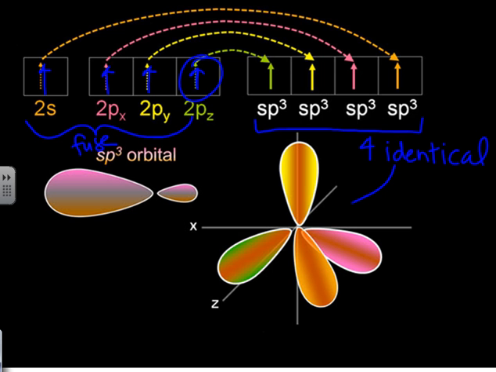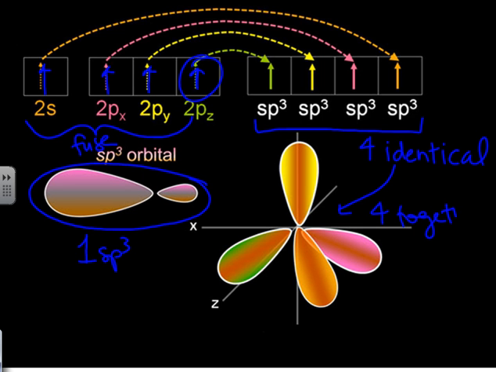And here's what they look like. Okay, this is a picture of one sp3 hybridized orbital. And this is what 4 of them together would look like over here. Why are they called sp3 hybridized orbitals? Because they're made up of 1s and 3 p's. 1s and 1, 2, 3 p's all fused together.